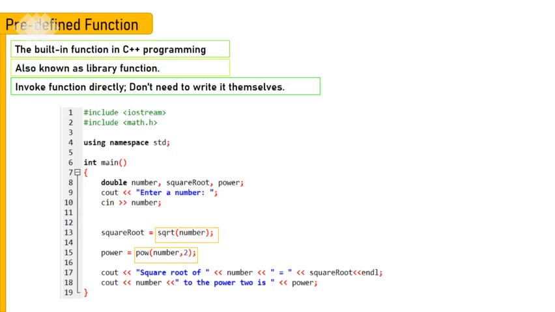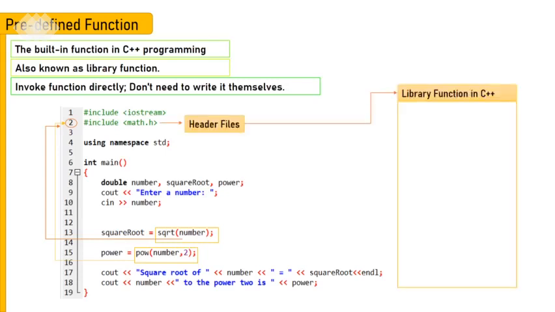So, when you use both of these predefined functions, you have to add the header file, which is math.h. This math.h header file will connect your program with the library function in C++, which contains the specific predefined functions that you want to use.